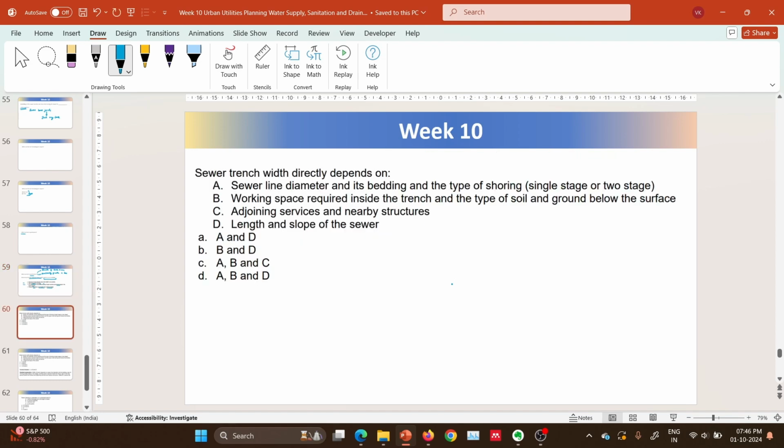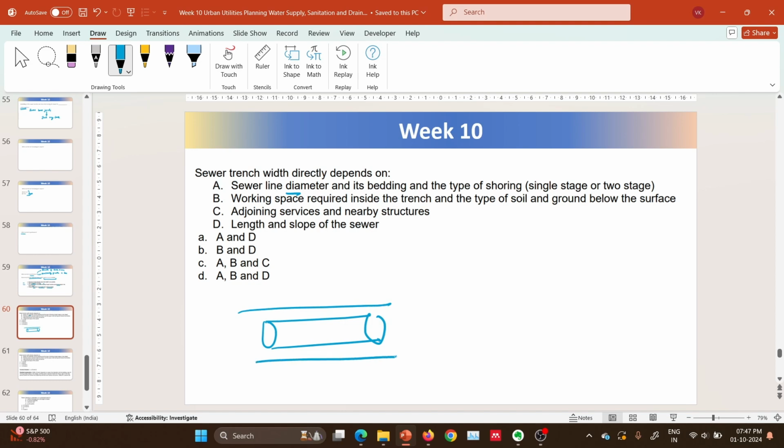Sewer trench width directly depends on the sewer diameter. Suppose you have to lay this sewer from the top.